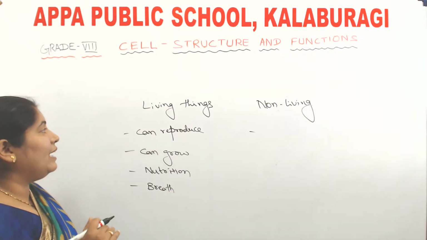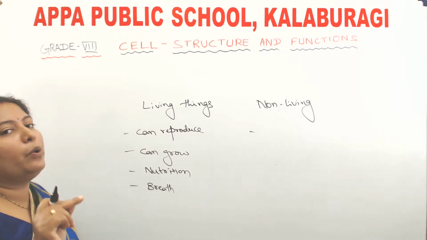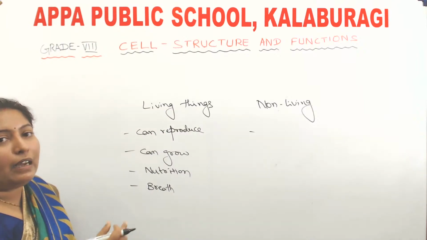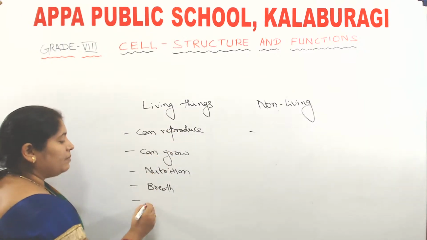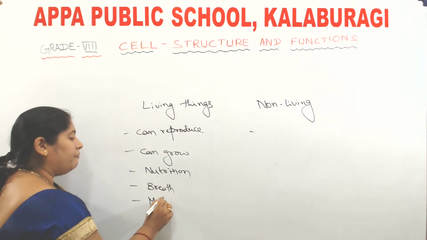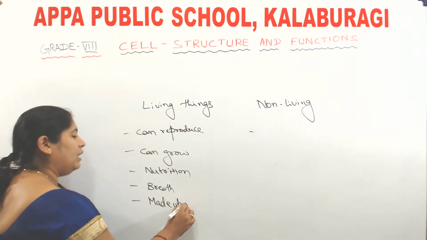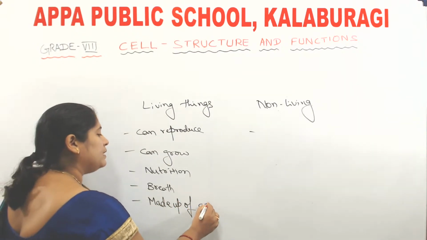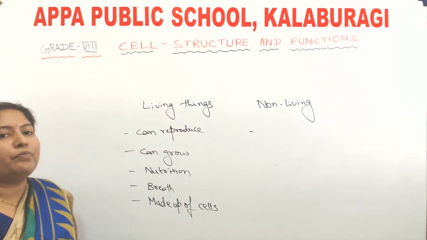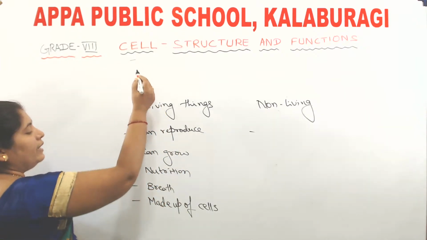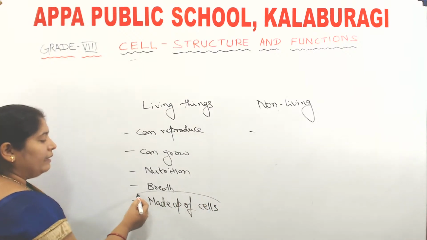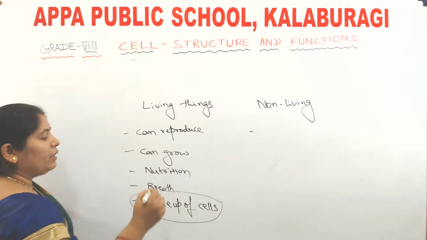And at the last, you have studied one more point under the characteristics of living organisms, that is, living organisms are made up of cells, right? You came across the word cell here in the characteristics of living organisms.